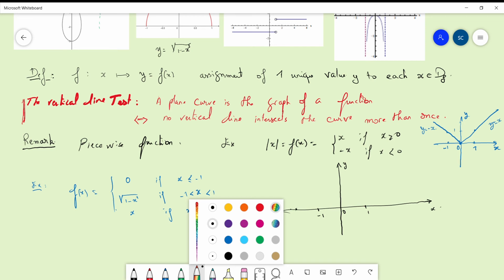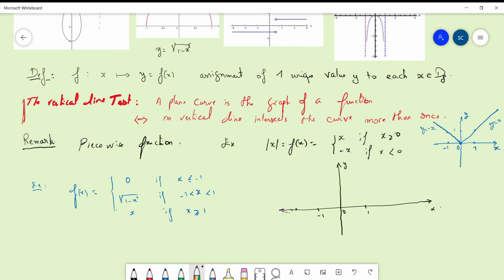So you will have this part, up to here, including minus 1. So let's do it like that. Then for x between minus 1 and 1, we know it's the half of the unit circle.